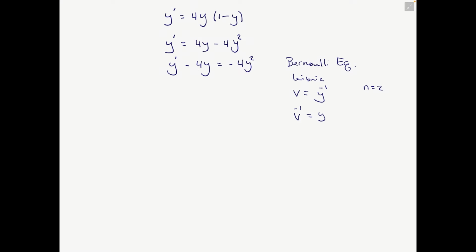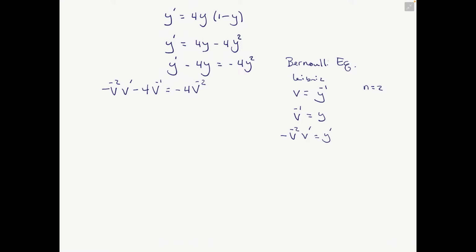And then we differentiate: minus v to the minus 2, v prime equals y prime. And we plug that back into our equation. So we've got minus v to the minus 2, v prime minus 4y, so that's v to the minus 1, equals minus 4 v to the minus 2. And that's our new equation.